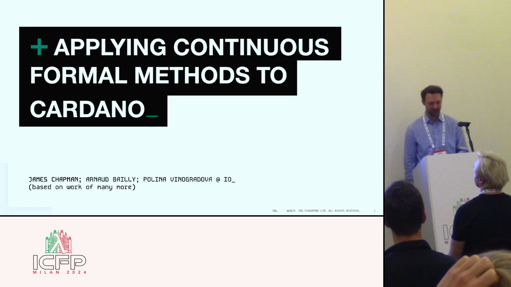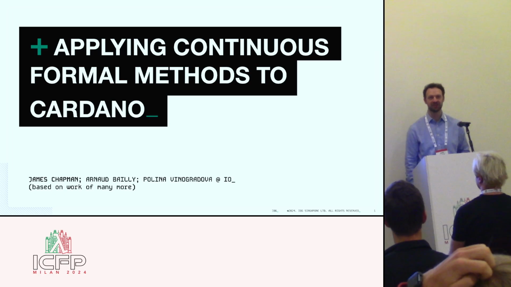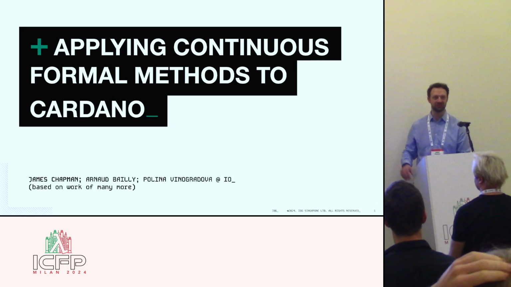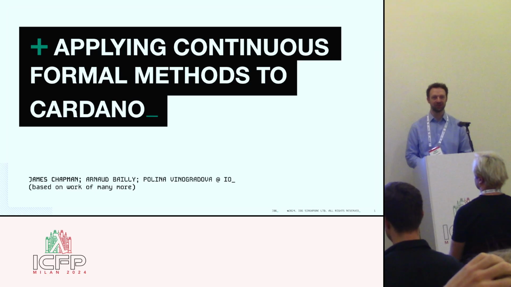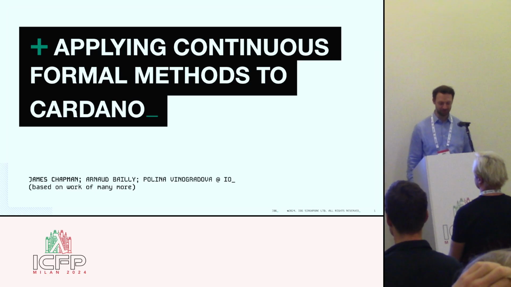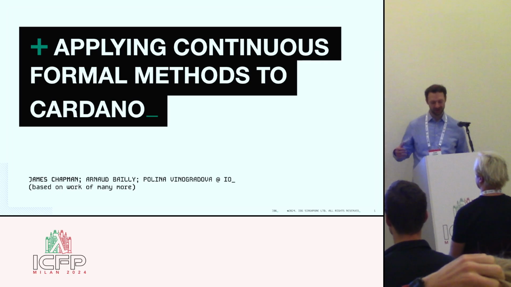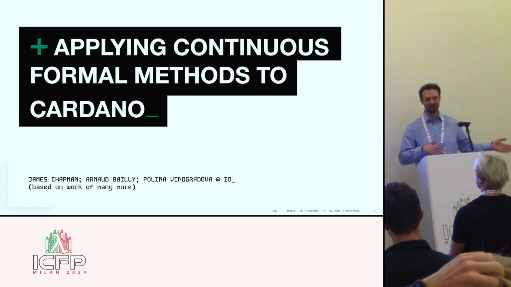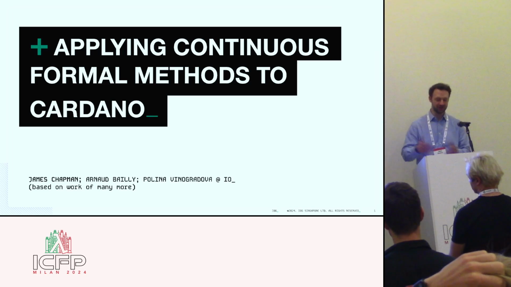So the paper is joint work between me, a formal methods person, and Arnaud, who's an architect, and also a very hands-on architect. So he's also a developer as well. And Polina, who's a formal methods person, but also she's worked in research. And all three of us have a research background.